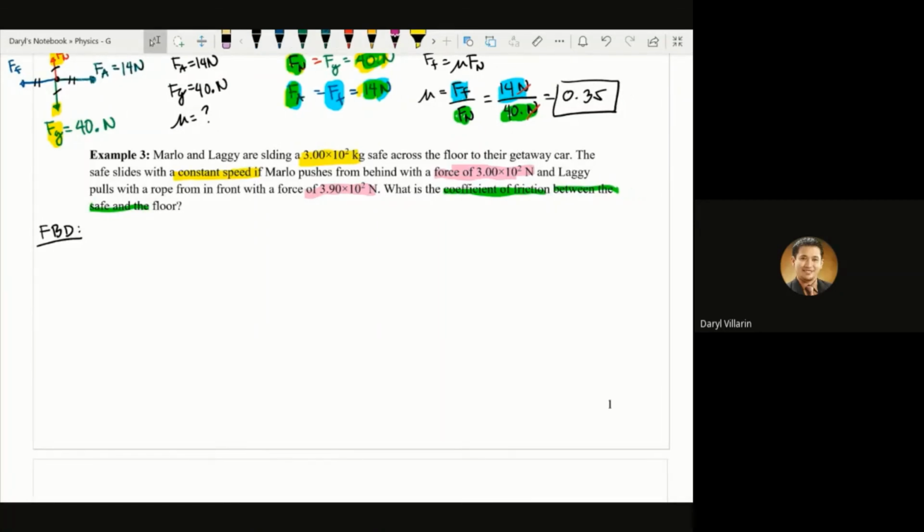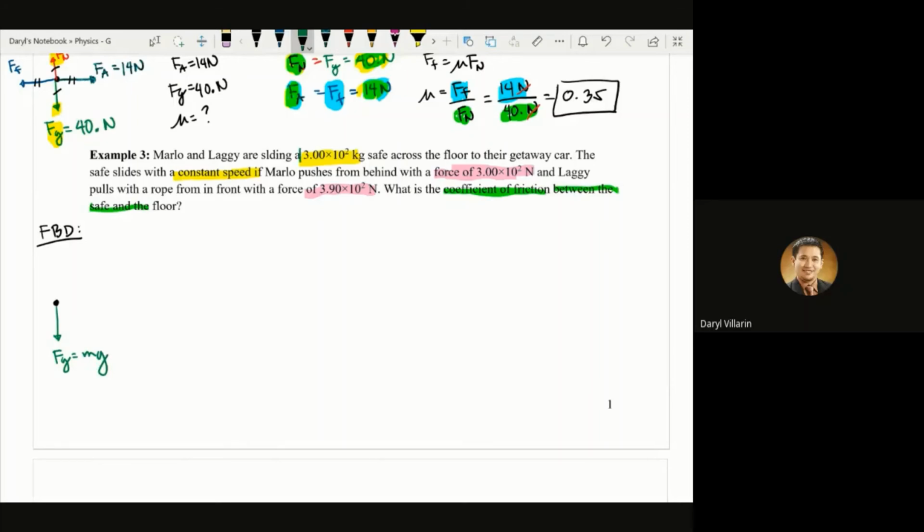Again, you can use a box or a dot to represent the object, and then from there, you indicate the different forces. If this is my safe, it's sliding horizontally on the floor. So this would be my FG, that is downward. Remember that this is just mg.